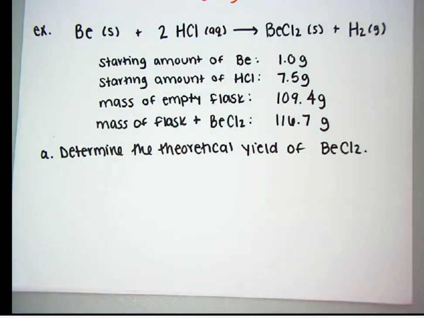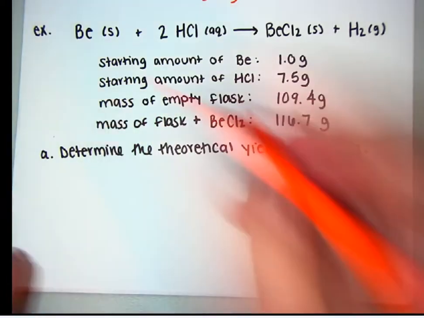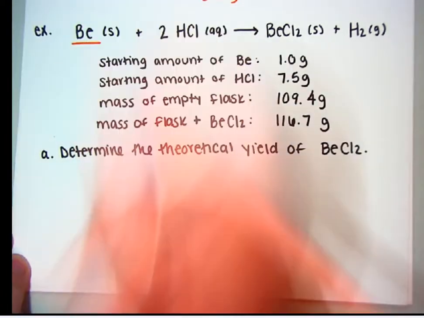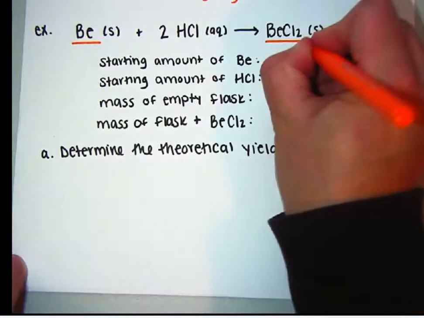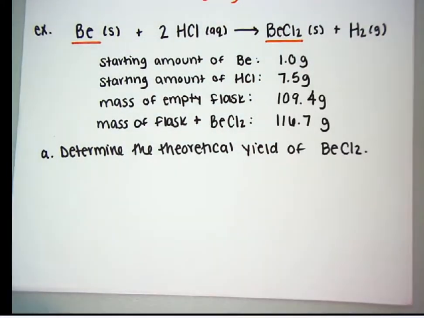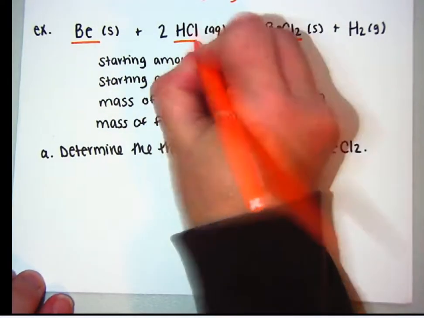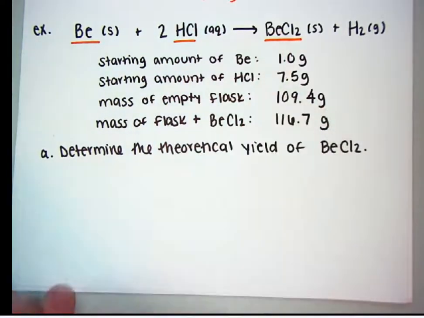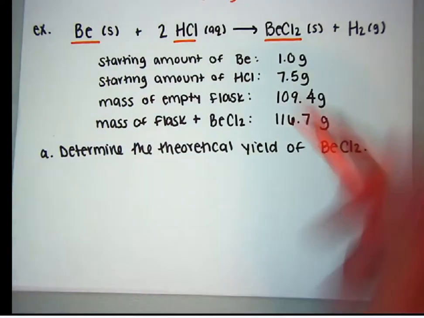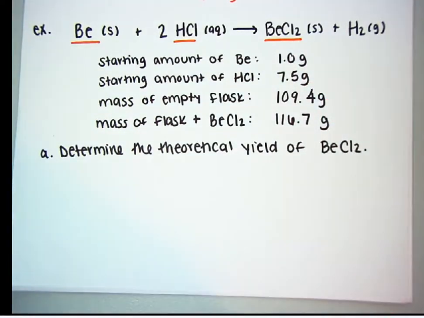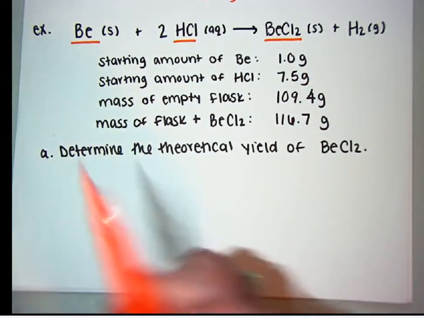So even though this is in terms of a data table rather than a question, it's going to be just like our limiting and excess reactants. I have a starting amount of beryllium, and I can solve for grams of beryllium chloride. I also have grams of hydrochloric acid, and again, solving for beryllium chloride. I have 2 givens. I need to do 2 calculations.